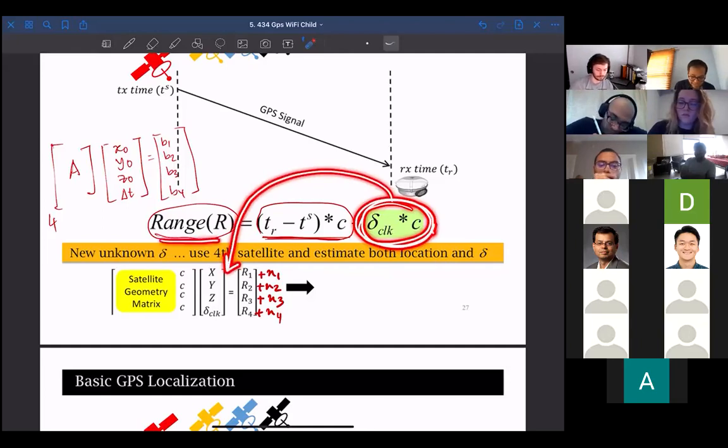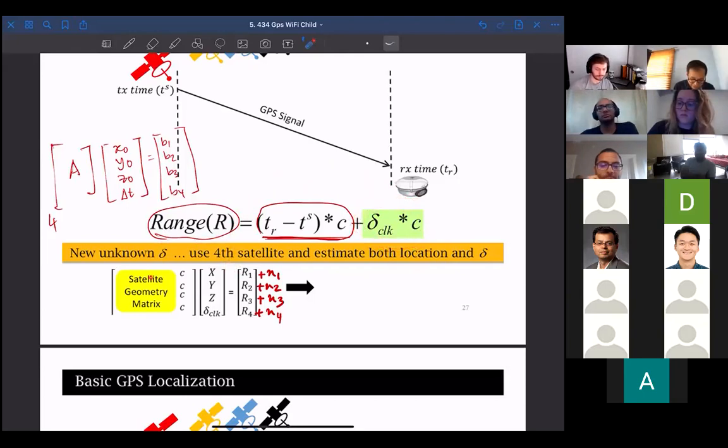So you have this range minus delta clock times C. I want you to think about this. It is trivial, but if this is bugging you, go back and think about it. This gives you your AX equals B formulation.